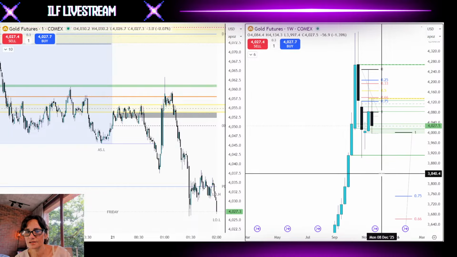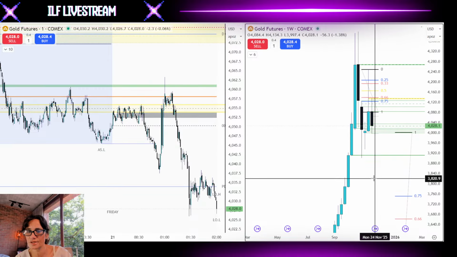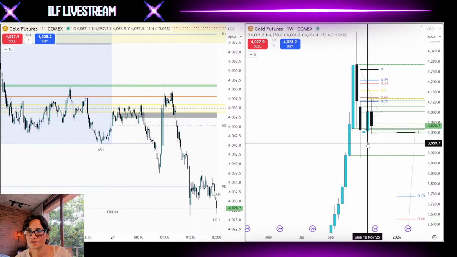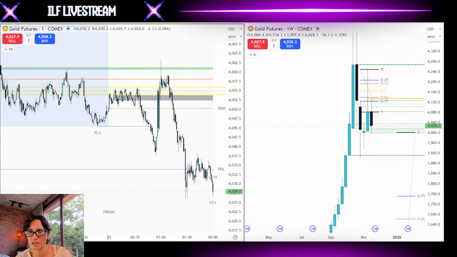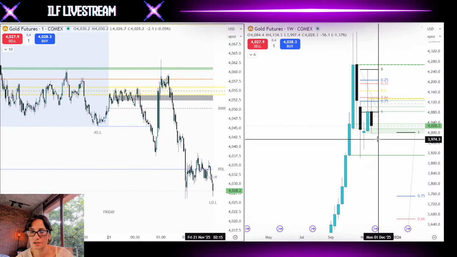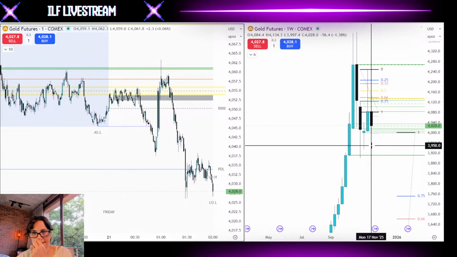I don't know, if I look at this, this is just indecisive for me on the weekly. You could go into this wick here and reject somewhere here. Well, it's going down now. I'm actually bearish on gold until it goes into this wick here, and then see what happens.